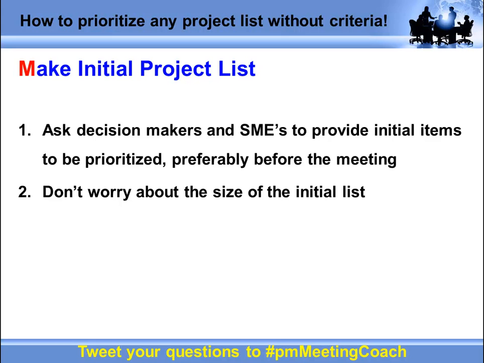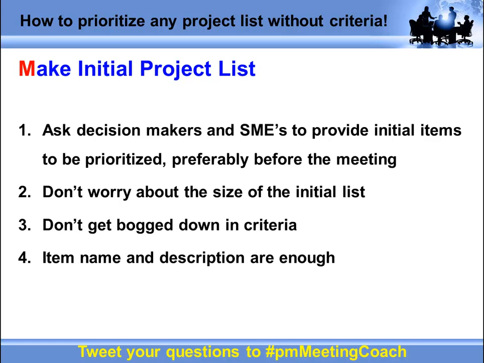All right. Next, don't get bogged down in criteria. Remember, we don't have any criteria, so don't put a lot of initial criteria out there. Just take what people give you, and we'll show you how to work with it. Number four, this one blows people away. The name of the project and a brief description are really all you need to get started.